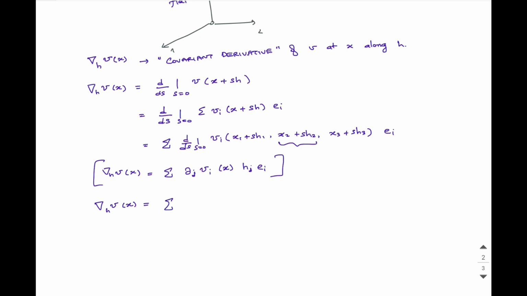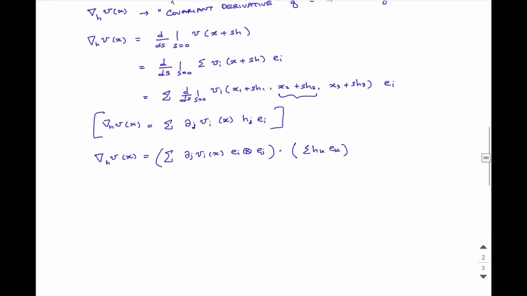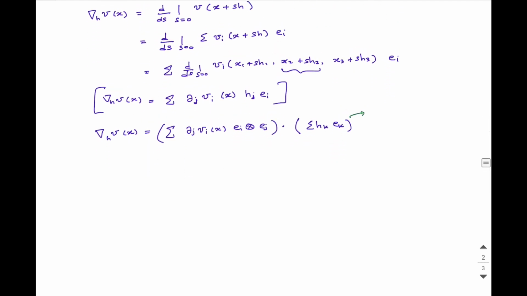I can write this as the summation of partial_j v^i(x) e_i tensor product e_j dot h_k e_k. Remember that if you expand this, this just becomes the summation of partial_j v^i of x h_k, and then you have e_i tensor product e_j dot e_k.